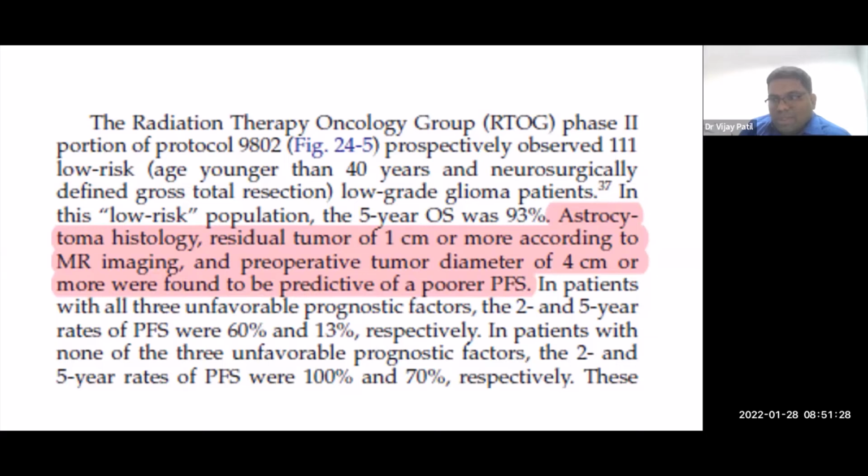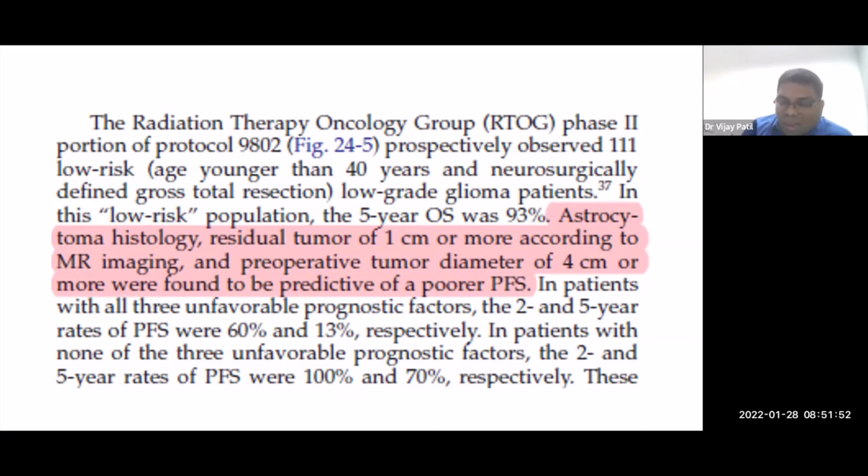So why is this important? This is important because, as I told you, if you're going to select a patient for observation, it better be one in which gross tumor resection has been done, there is no residual tumor, and it's not an astrocytoma histology. Because if you have these three, then the 2-year PFS rate is 100%, and the 5-year PFS rate is 70%.